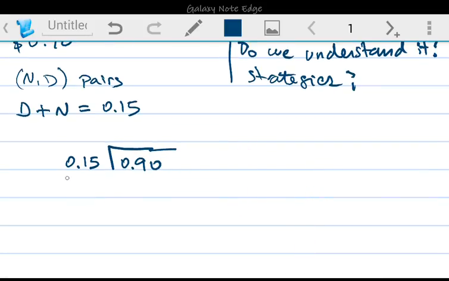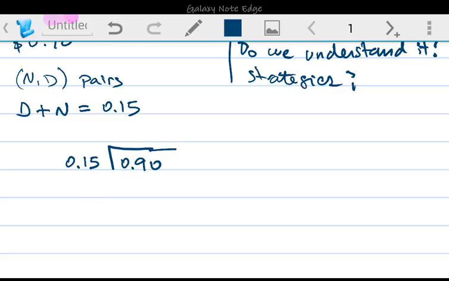Now, when we are dividing decimal numbers, in this case we can disregard the decimal point and let's just try to carry out this division. We know that 15 goes into 90 how many times? 6 times.